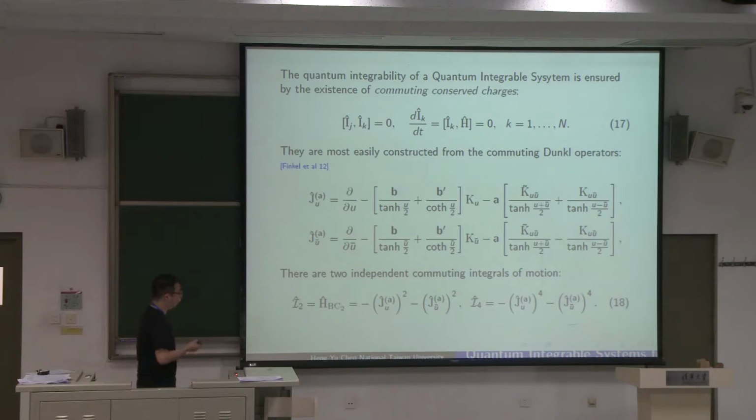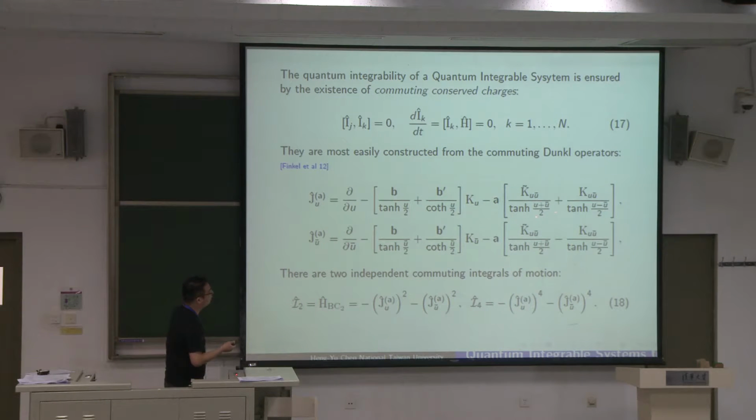And like all integrable systems, for n degrees of freedom, they should possess commuting conserved charges. So for this type of, in general, for those Calogero-Sutherland spin chains, it's easiest to express those commuting conserved charges in terms of the so-called Dunkl operators. So for this system, these are the associated Dunkl operators.